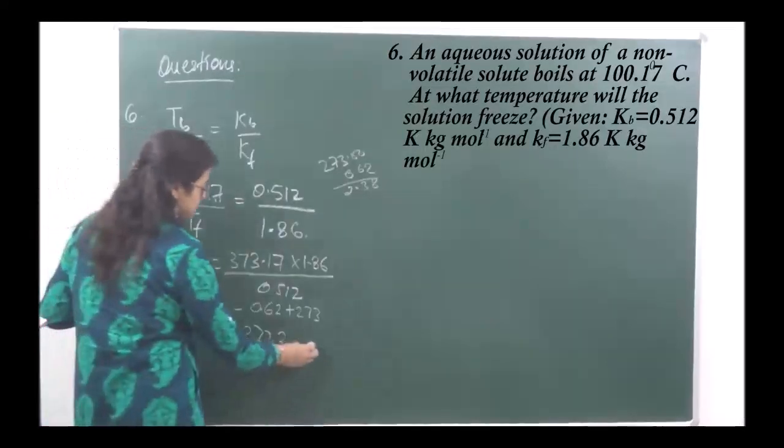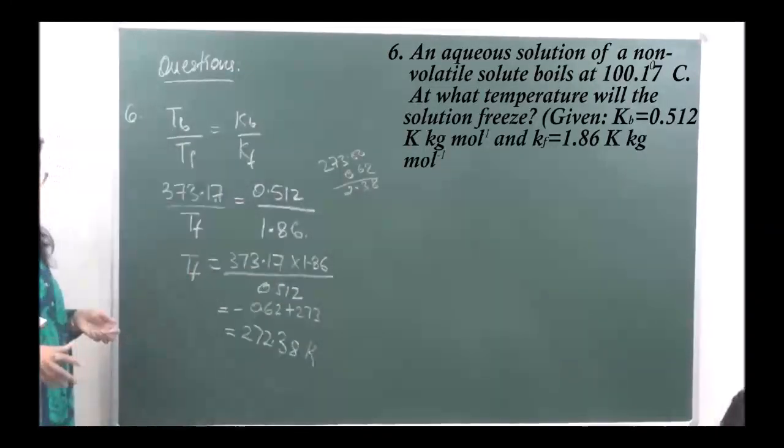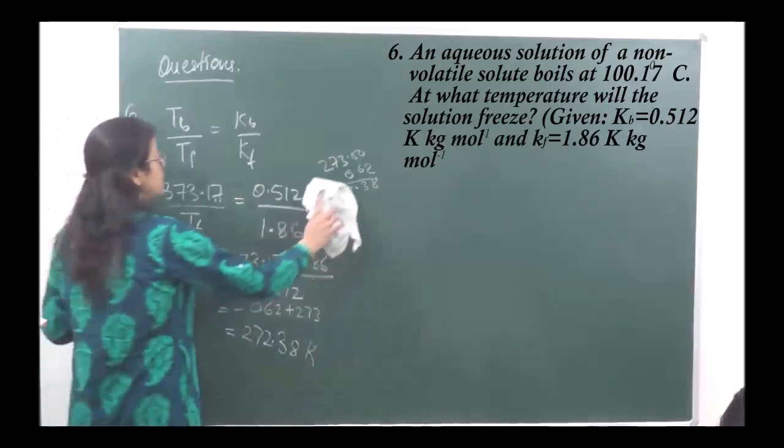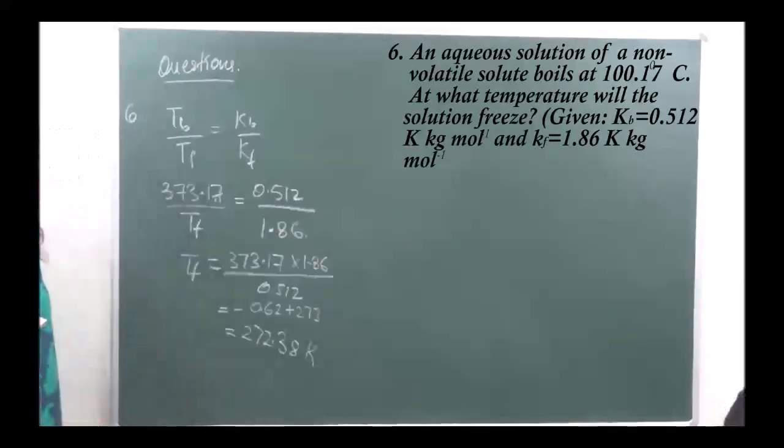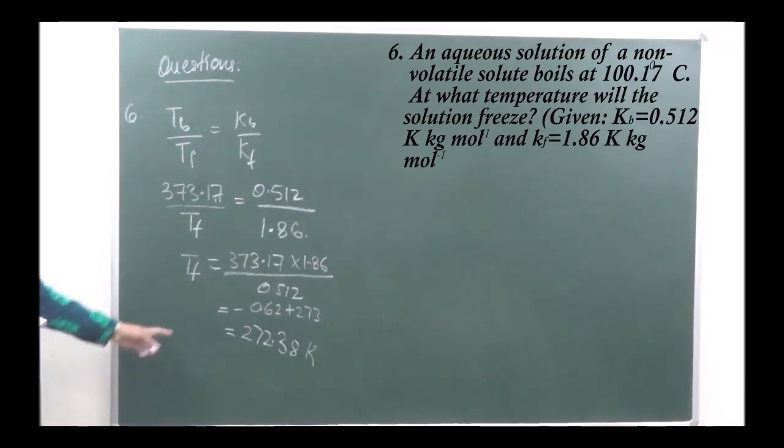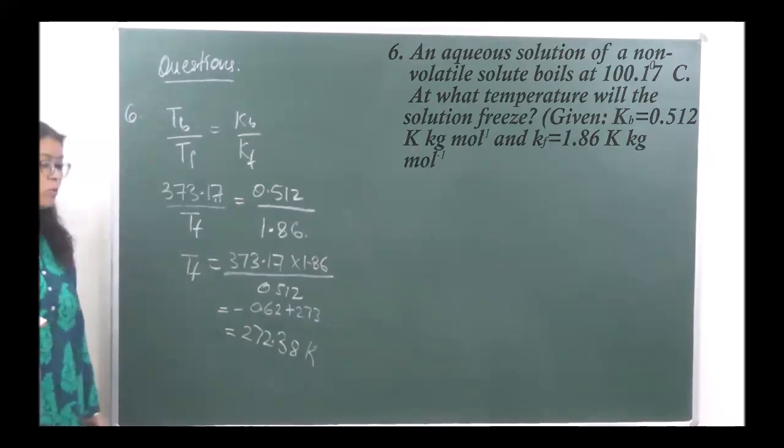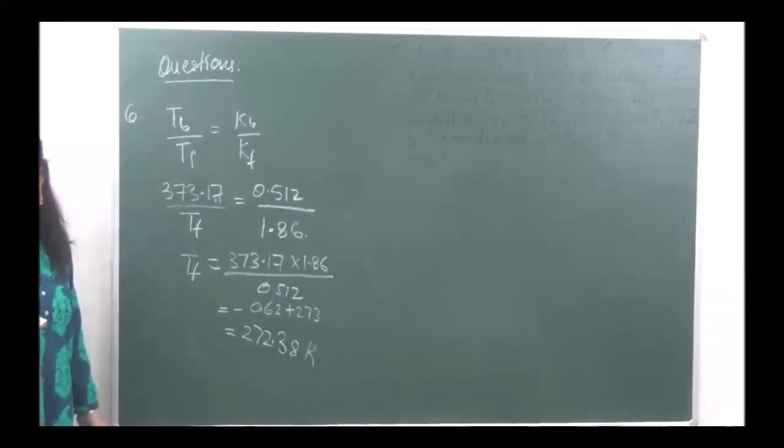Okay? So there is a depression in freezing point now. Is it clear? Otherwise, what is the freezing point of water? 273.15. So over here, it is coming to 272.38 Kelvin. So you can calculate in this manner also.